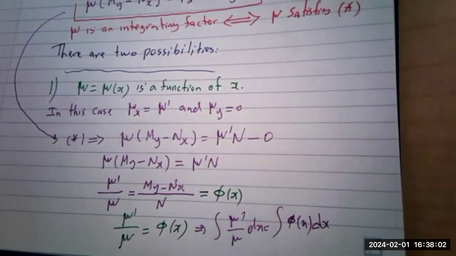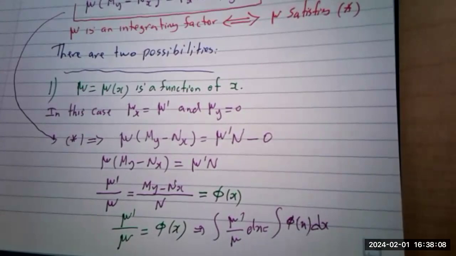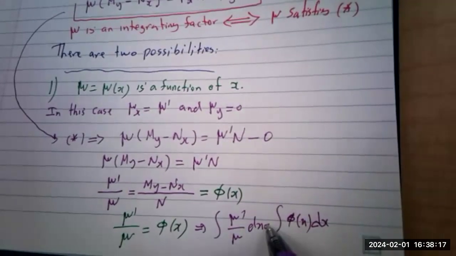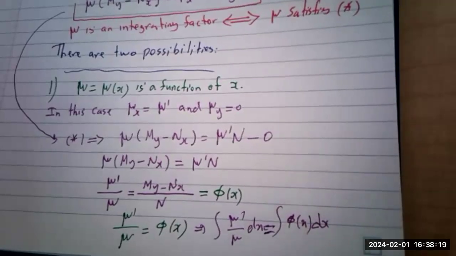You know that is u prime over u. It's a ln function. We integrate both sides. Integrate the left and the right, equal to each other.